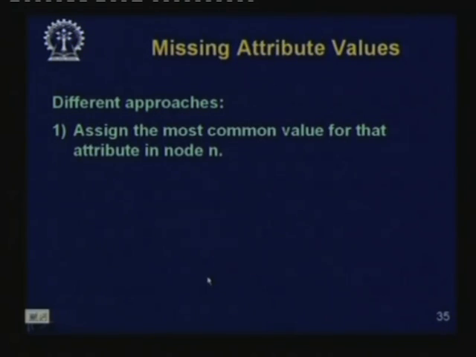One possibility is to assign the most common value of that attribute in this node. Suppose mass is missing, we look at the other examples, we find out what is the most common value of mass in the other examples, we put that value in this example. Okay. That is one strategy.